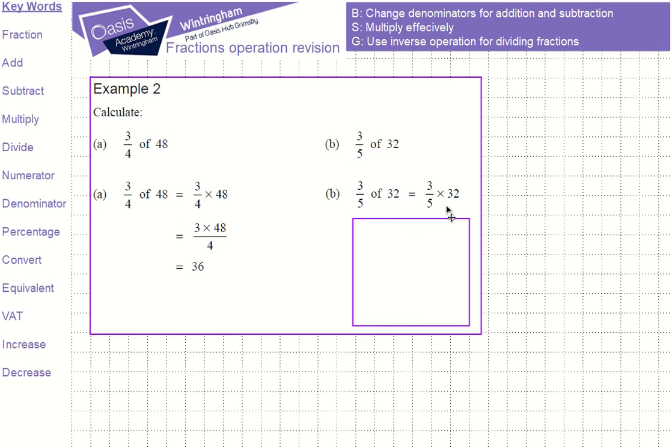So "of" just means multiply. 3/5 of 32 equals 3/5 multiplied by 32. And again, the steps are exactly the same, but just with different numbers. 3 multiplied by 32 on the numerator, 3 coming from the fraction and 32 from the whole number, all as the numerator, and then divided by 5 on the denominator.